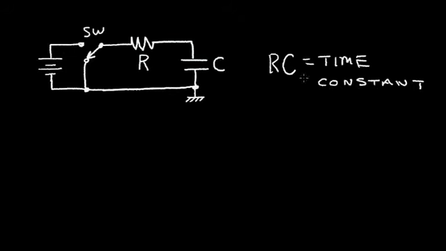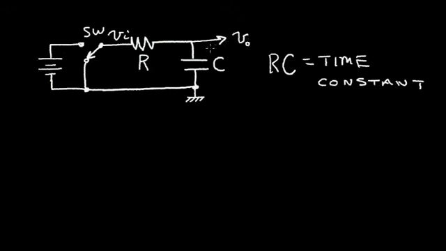So let's examine what happens when I change the switch position to the battery voltage. Let's call the voltage at this part of the resistor VI for Vin. The voltage at the top plate of the capacitor, let's call that VO for Vout.